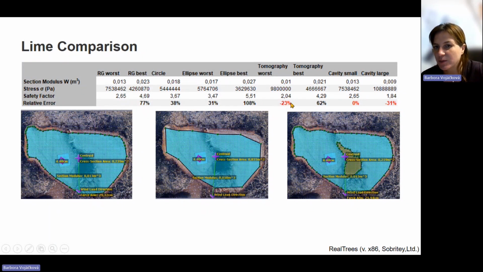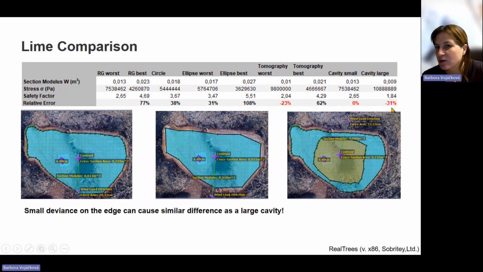It's about 23%. And when the cavity is small, in the center, there is not a big difference. But when the cavity is large, there starts to be a big difference because we are getting to the edge. So the mistake can be big with a large cavity.